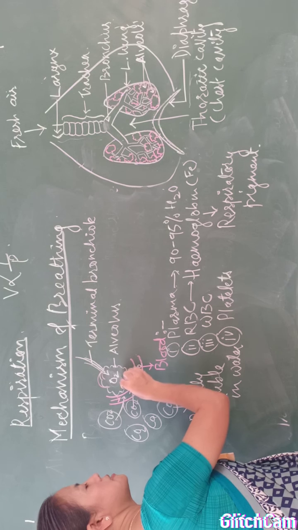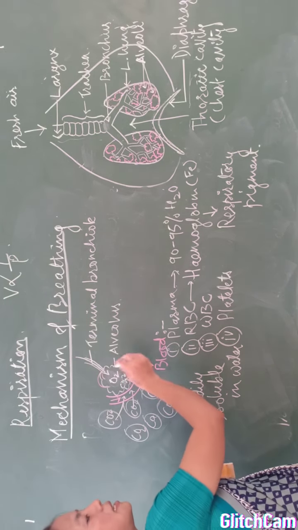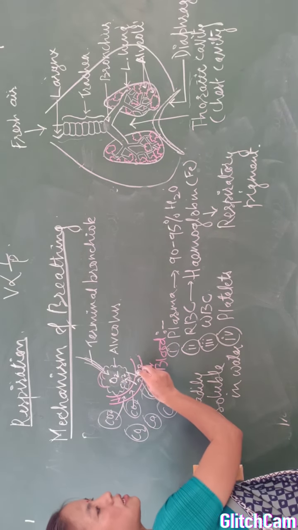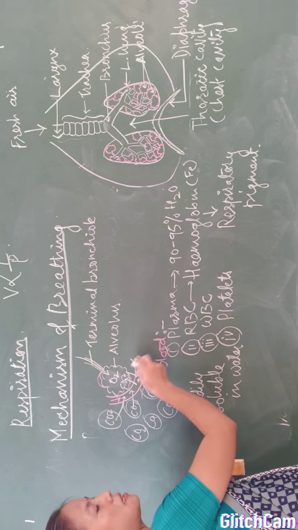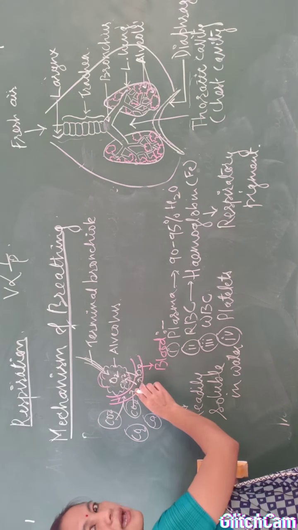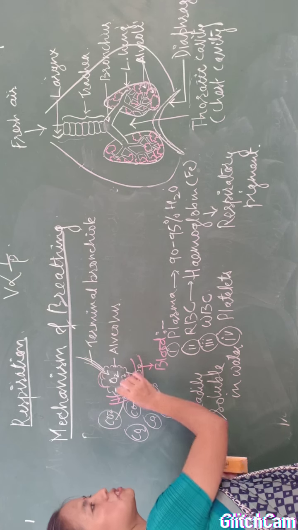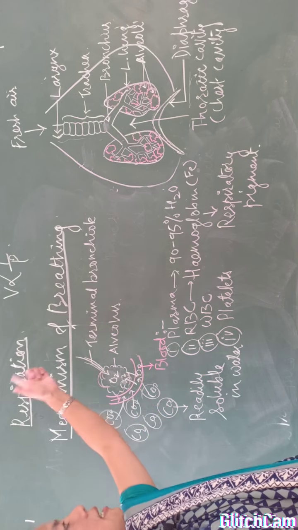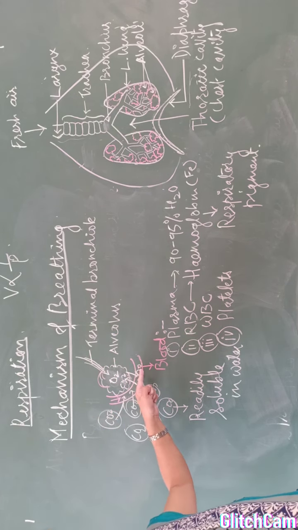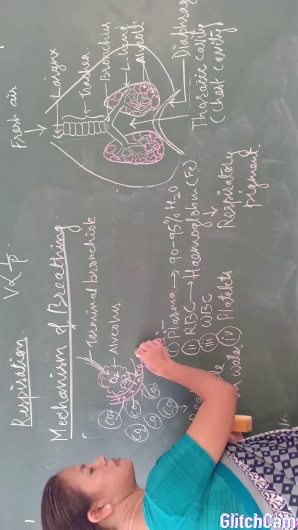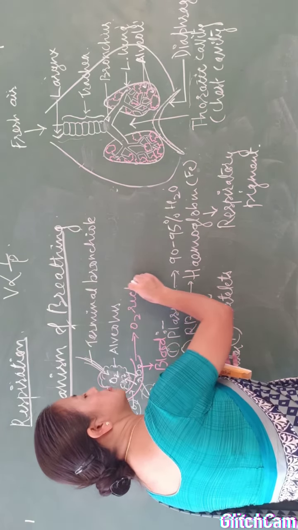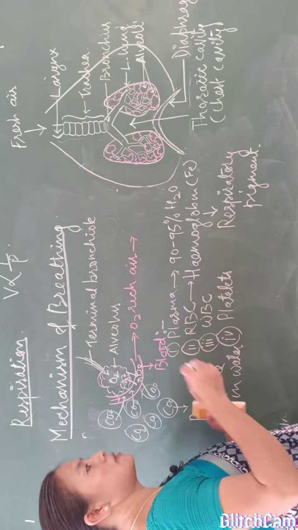Oxygen has a strong affinity with the RBC, so this oxygen will come to the blood running in the capillaries, and the carbon dioxide in the blood will diffuse into the alveoli and be expelled out. The blood capillaries will then carry this oxygen-rich air to the different parts of our body, because the cells will require oxygen again.